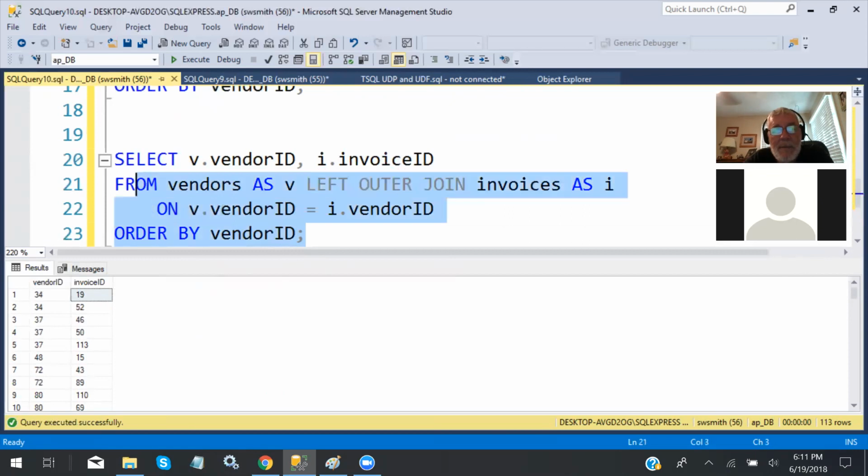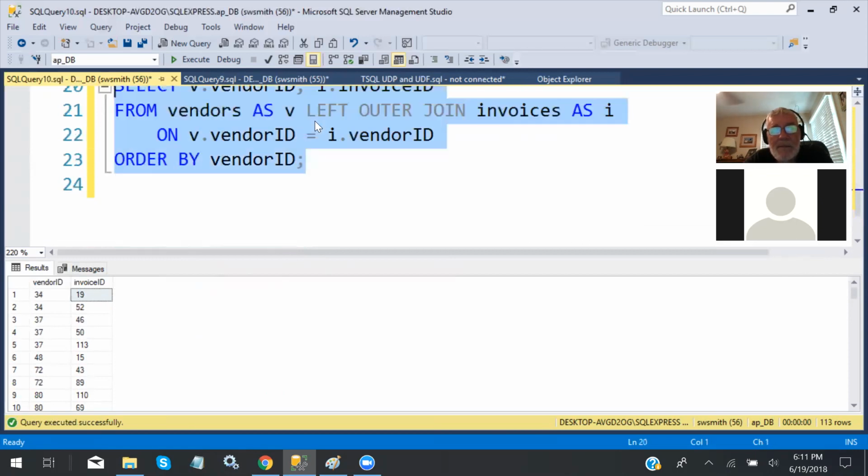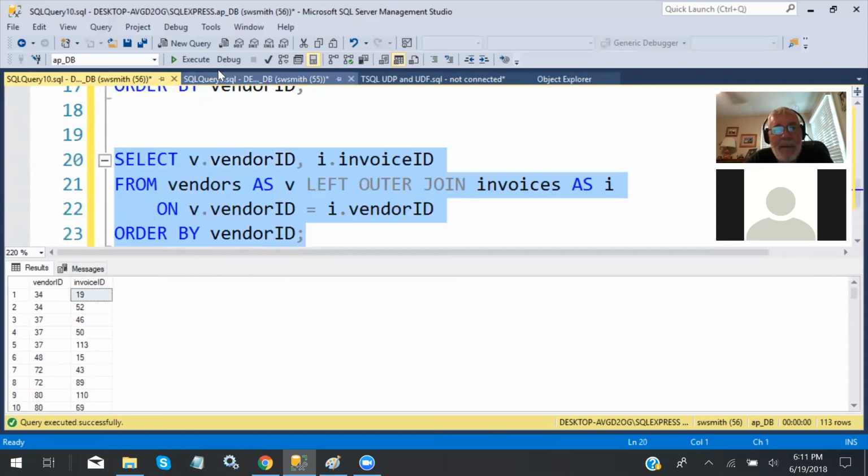Now, let's look at the output I get from this particular query. Let's execute, and notice that I'm getting all of the vendors, ordering by vendor ID. Notice that vendor ID 1 has no invoices, lots of null invoices. Lots of the vendor IDs have no invoices.